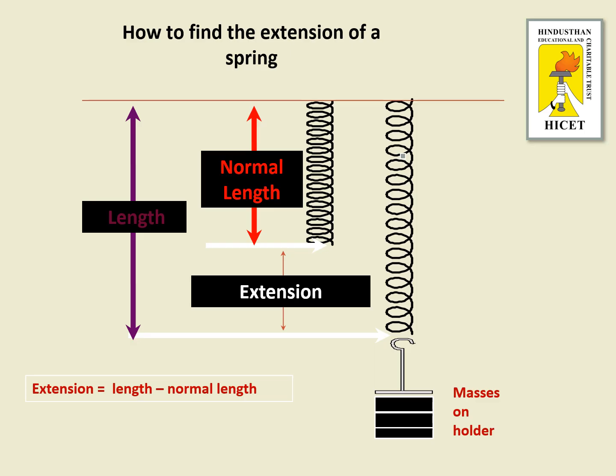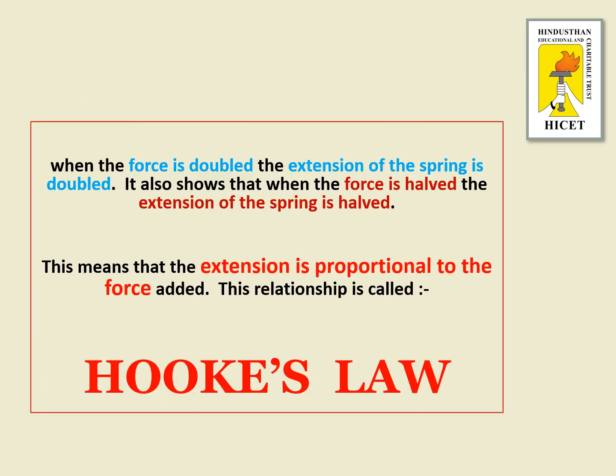How to find the extension of a spring? Here the original length is L, also called the normal length. Then there is an extension in the length of the spring when it is loaded at one side by masses connected to a holder. So extension is equal to the new length minus the normal length.